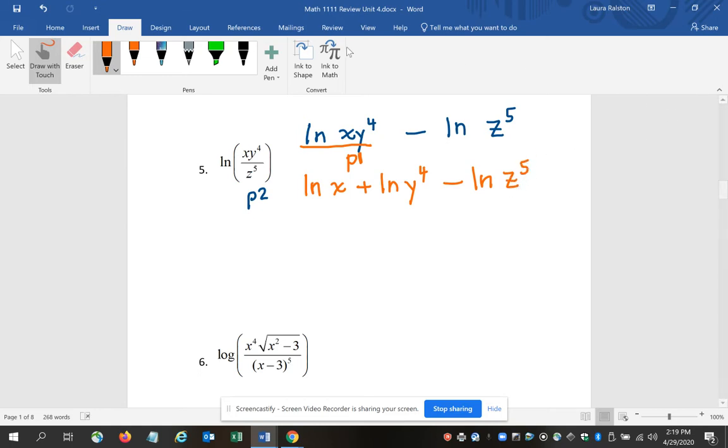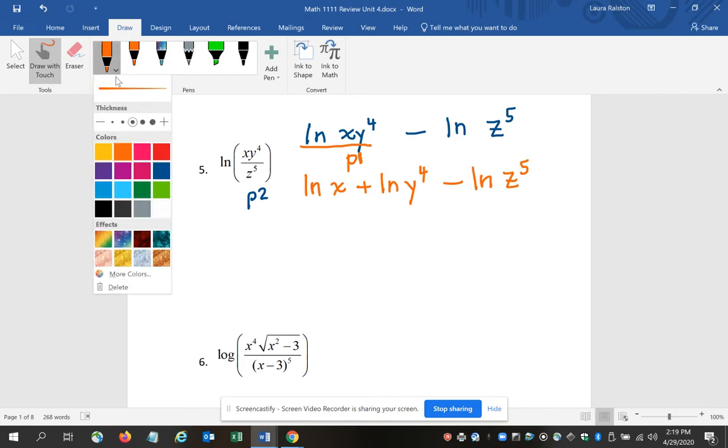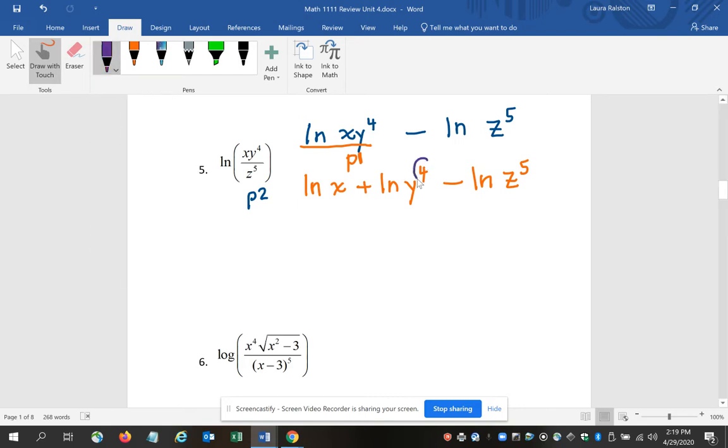It doesn't go away. The last thing that I notice is that two of the terms, the second term and the third term, have an exponent. That again is not allowed. And so property 3 tells us how to deal with that. That basically this is the power to the power.